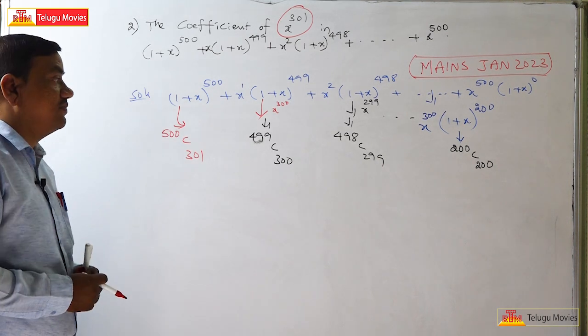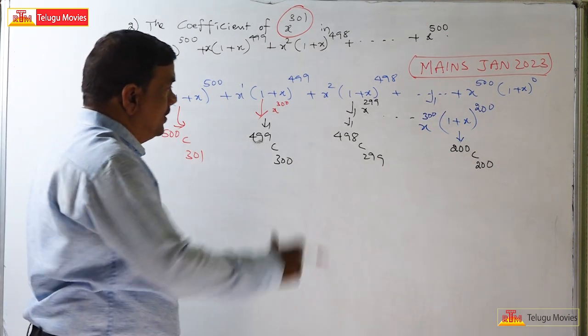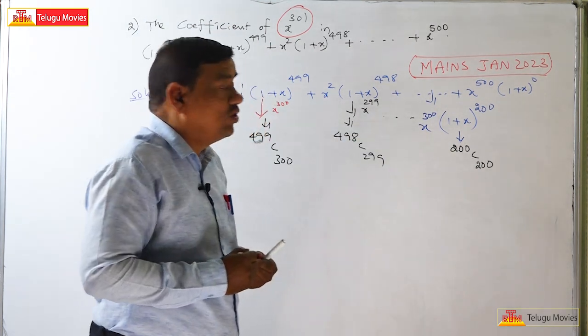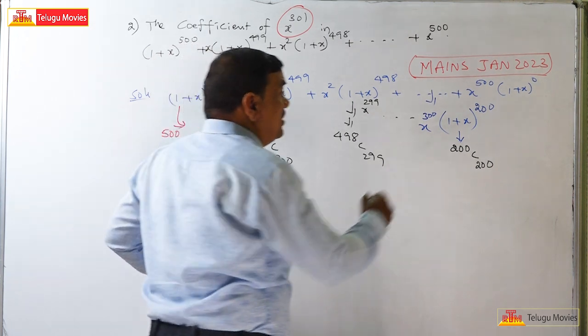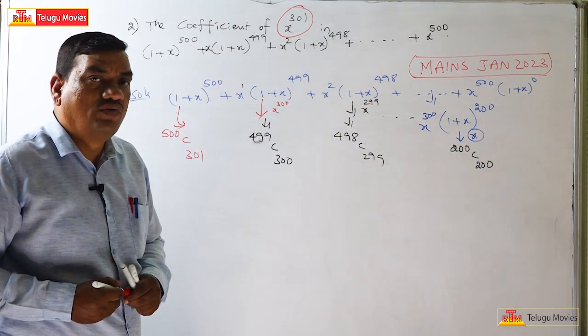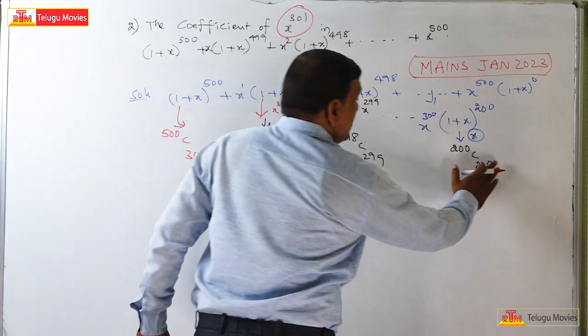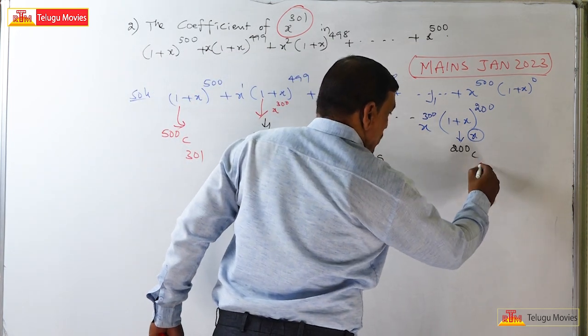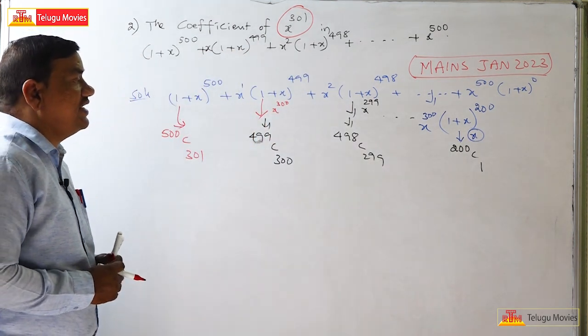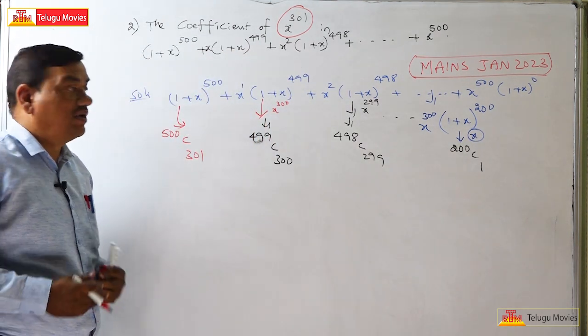The last term would be x to the power of 200, but since x to the power of 300 is already there, it is enough to find the x coefficient. What is the x coefficient? It is 200C1.